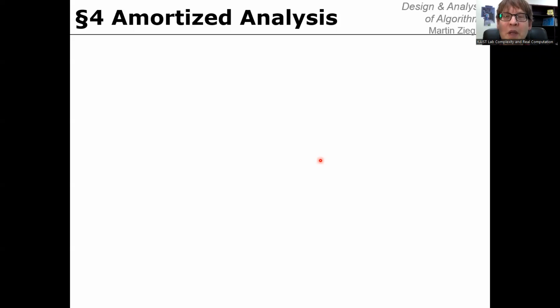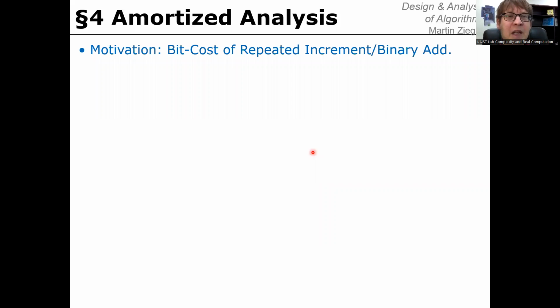In Chapter 4, we're going to motivate amortized analysis with our example of the increment of a binary counter, which we already discussed in the case of average case analysis.